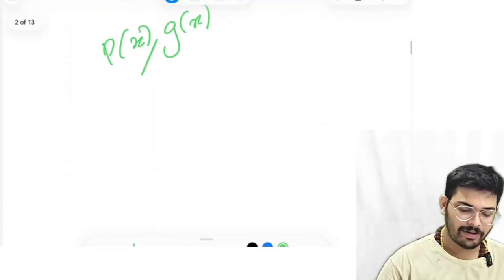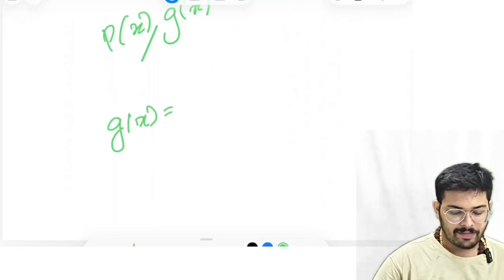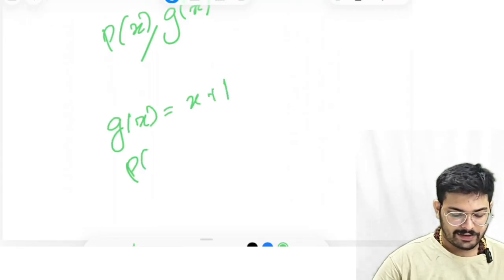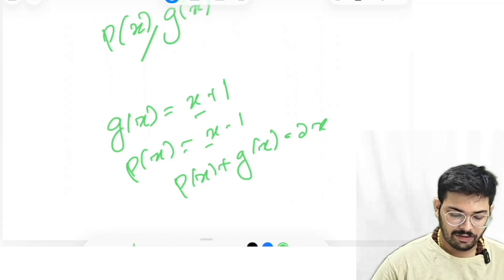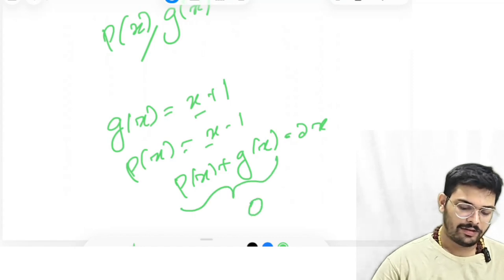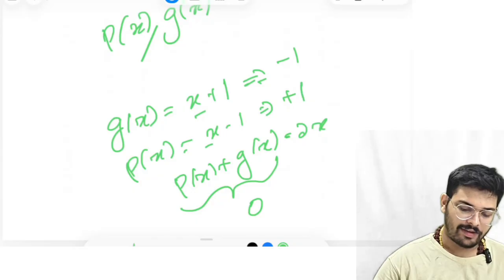Why am I saying 'can be'? Suppose you are given g of x as x plus 1 and p of x as x minus 1. Now what is p of x plus g of x? It will be 2x. So the root of the sum is 0. The root of g of x is minus 1 and the root of p of x is plus 1.